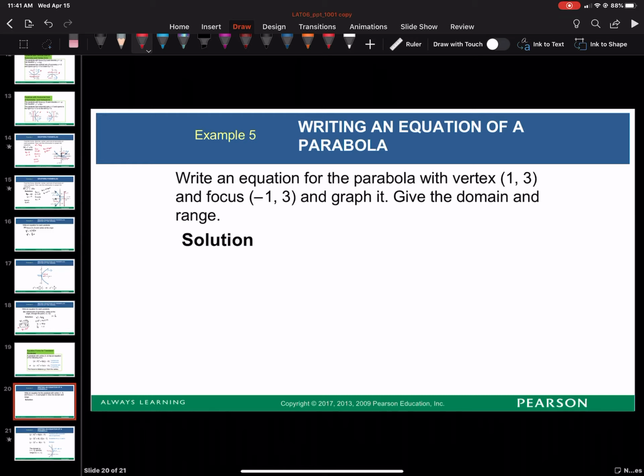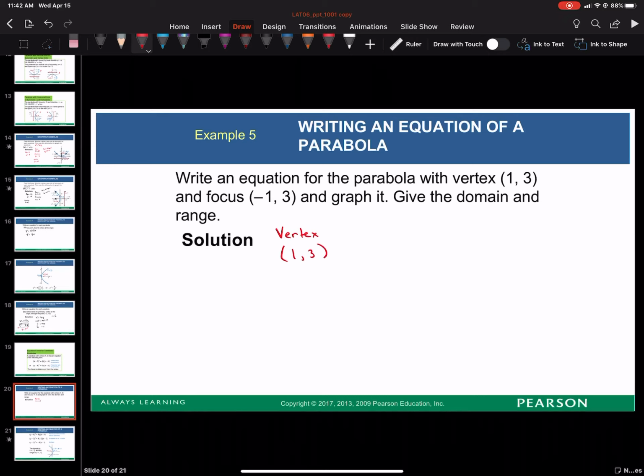Now when we're looking at this, this stuff has been moved and shifted, so we have to find what we need. We already have the focus, we already have the vertex. My vertex is (1, 3).